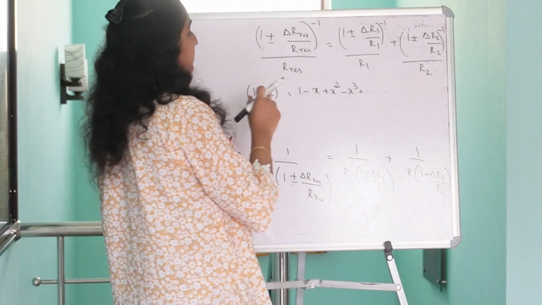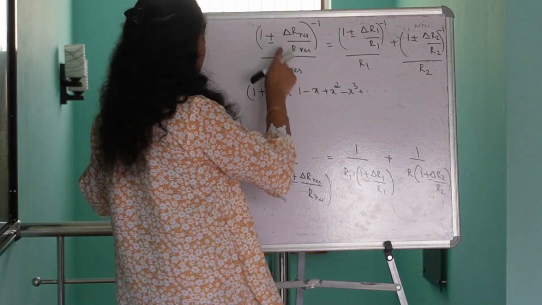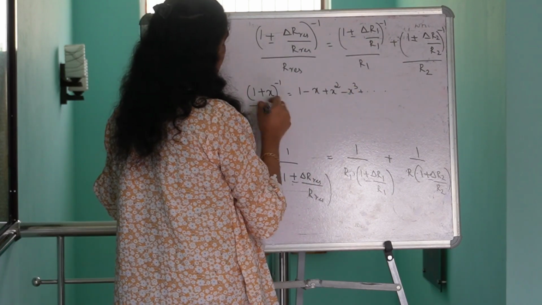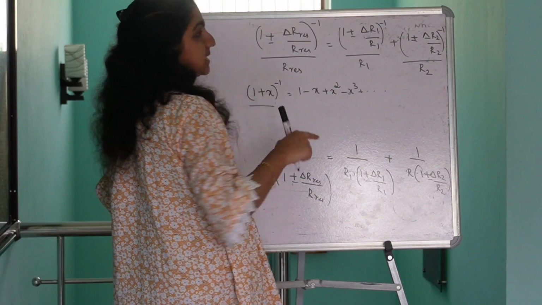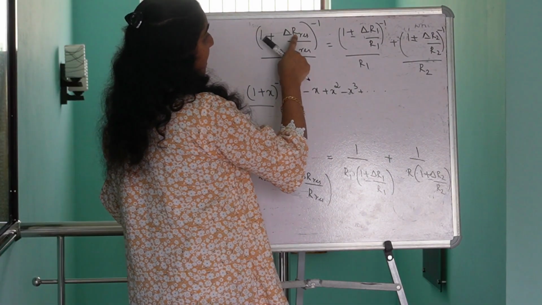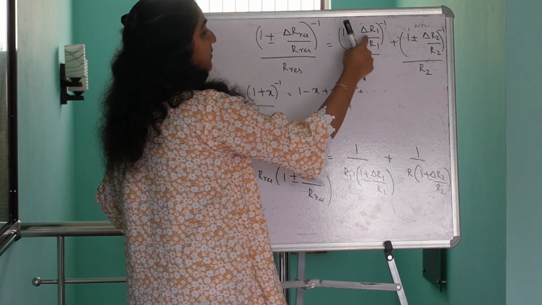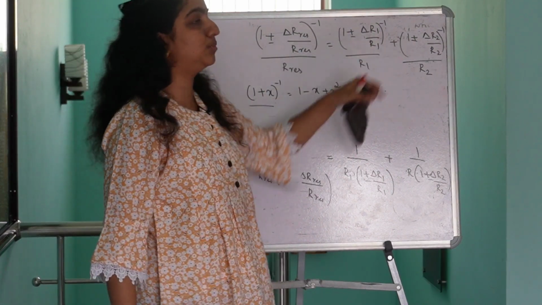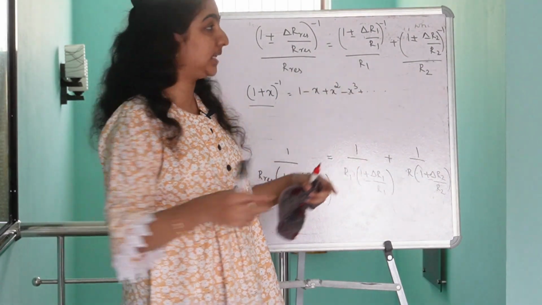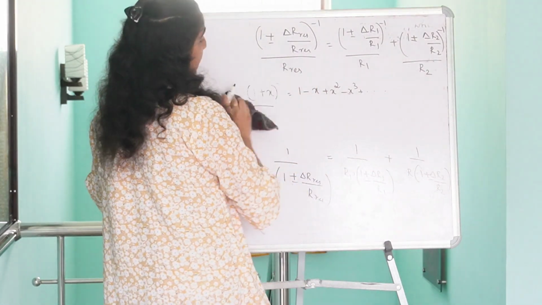Yes. So here in this case all of these three terms are in the form of 1 plus x the whole inverse. In the place of x we have del r by r resultant in the first term, del r1 by r1 in the second term, and del r2 by r2 in the third term. So we are going to expand these three terms. Okay. Yes.